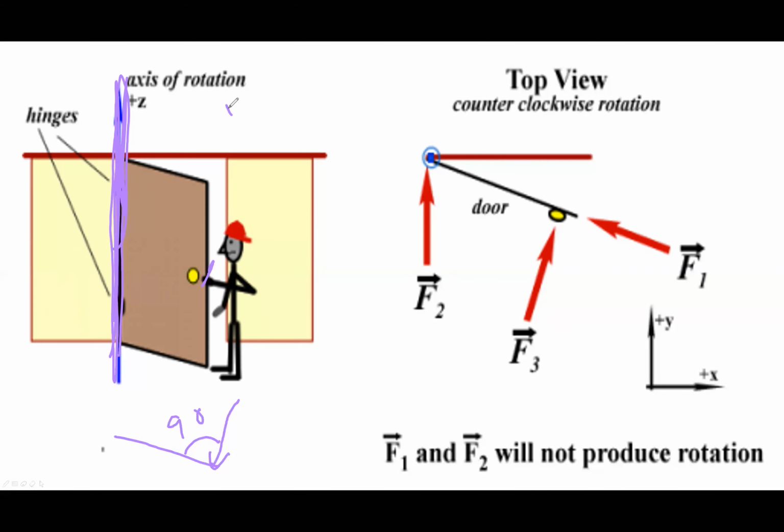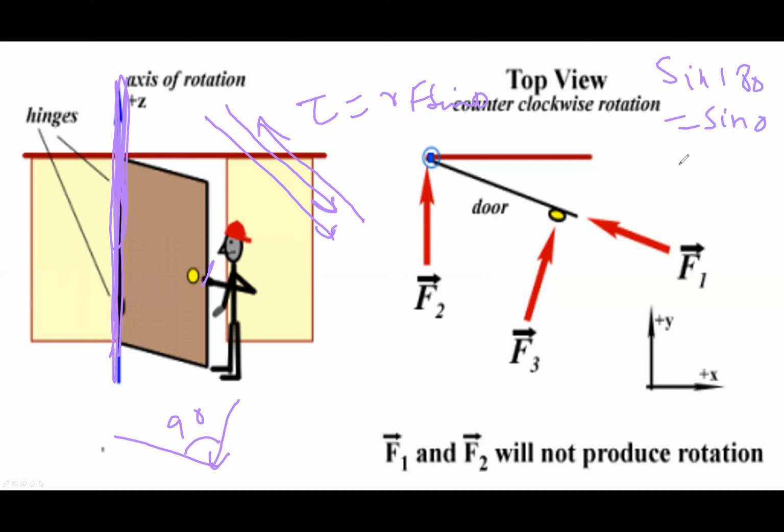But if you exert force anti-parallel or parallel to the axis of rotation, then torque will have minimum value, because torque is equal to r F sine theta, and sine 180 and sine 0 both have 0 value. Both will have 0 torque. Torque will be maximum when theta is 90, because sine 90 is equal to 1.